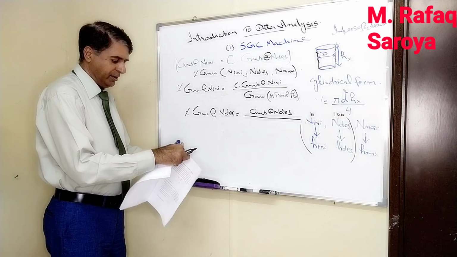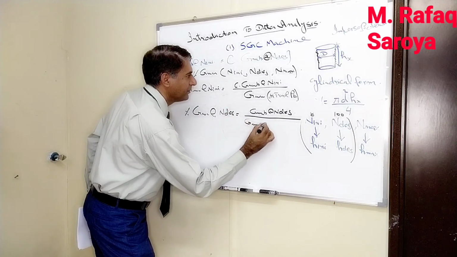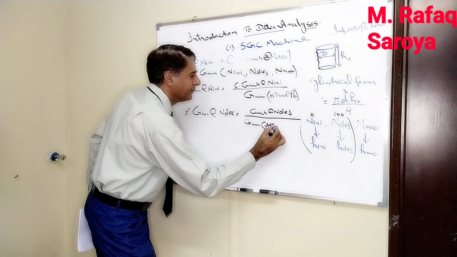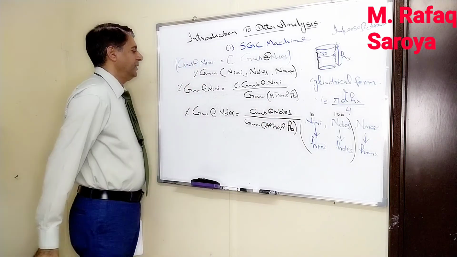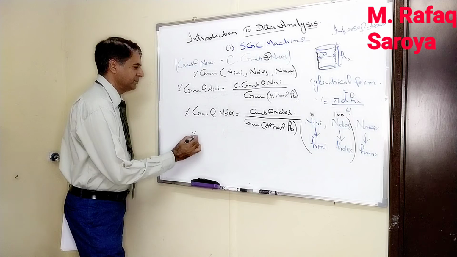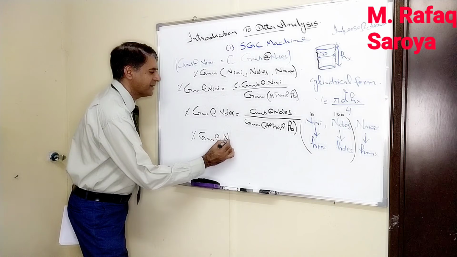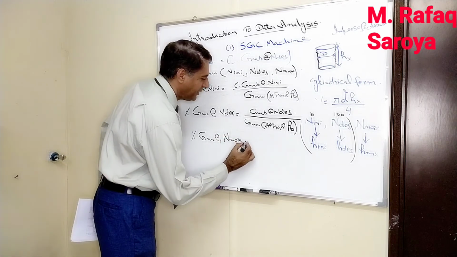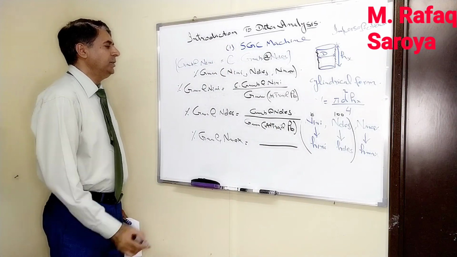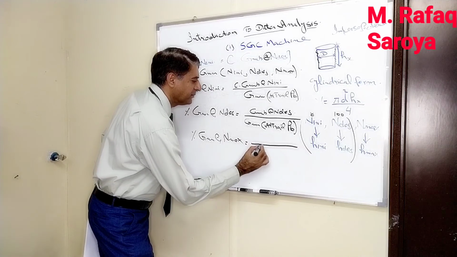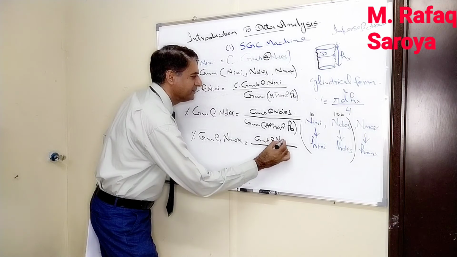This value would be written at trial Pb. My last equation, N max. When we are considering N max, here we will have to find out the value of GMB at N max.